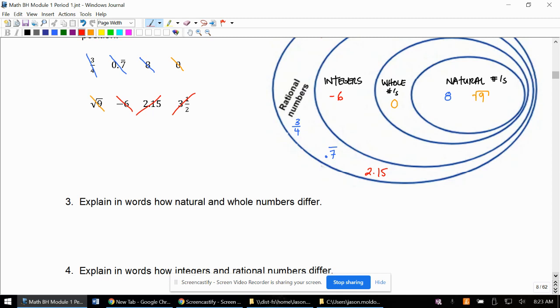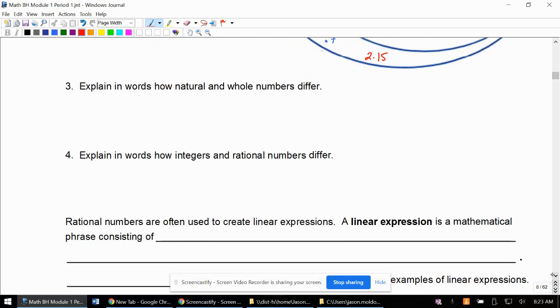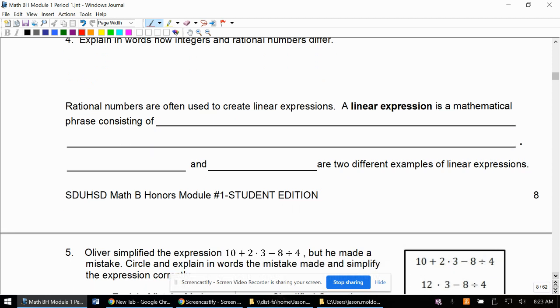And we're going to skip down to the definition of a linear expression, which we're going to use throughout Module 1 and actually several of the other modules. Rational numbers are often used to create linear expressions. A linear expression is a mathematical phrase consisting of numbers, variables, and/or arithmetic operations.